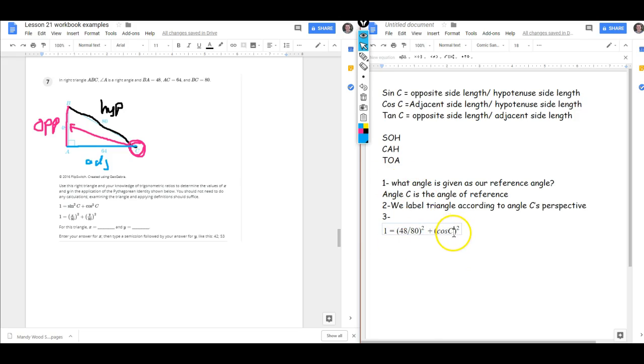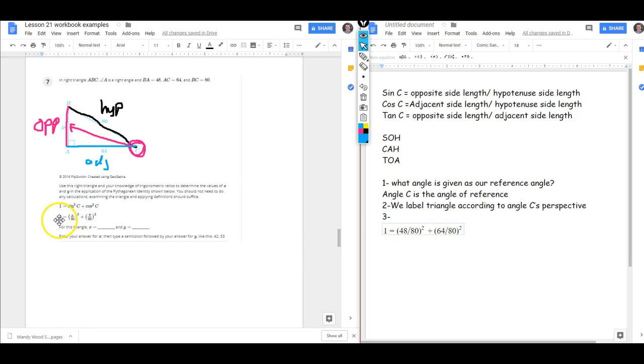And then for cosine, cosine is again the ratio of the adjacent side length, and the adjacent side length is 64, divided by the hypotenuse, which was 80.